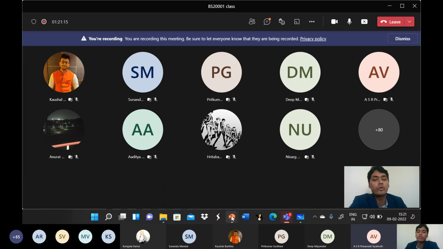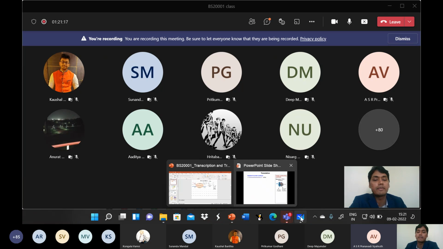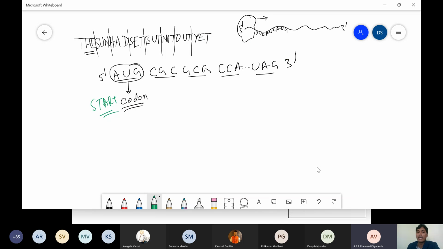So we have 64 different types of codons, and out of that, one is always the start codon, and 3 are stop codons. One is UAG, another one is UGA, and another one I forgot. You don't need to remember this, I'm just explaining.